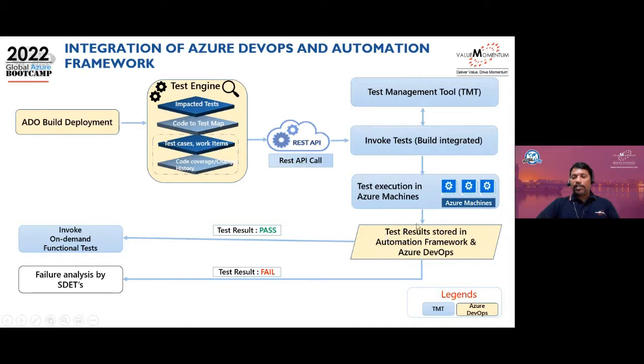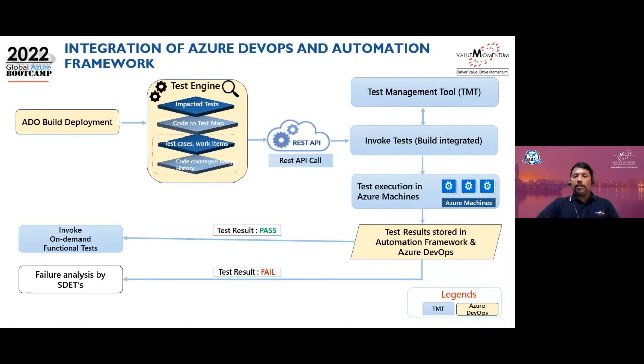Now, after the results are stored, if the results are passed, then as I said, from the SQL DB, it will be stored and we can pick from there and have a pictorial representation like dashboards or whatever and share it with the stakeholders. And if the results are failed, then what happens? Then there will be an email triggered.